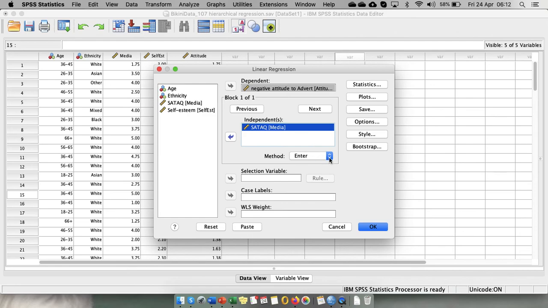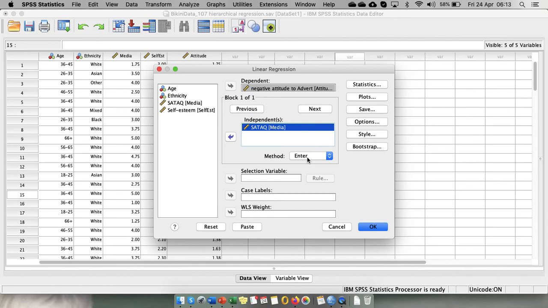And the method we're using is enter, because we're just entering variables based on our understanding of the relationship between all three variables. You can use other types of entry, which is usually referred to as statistical regression, but I would advise against it because you have less power to generalize the results to the population.